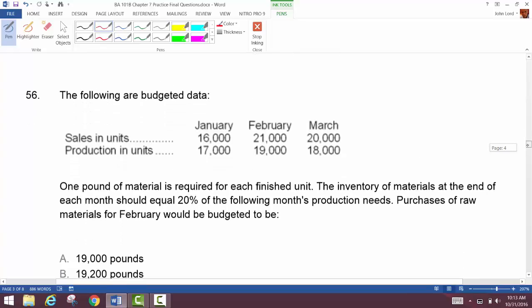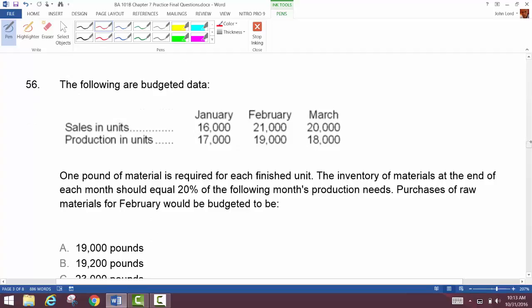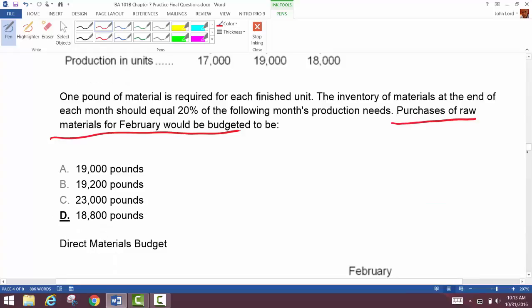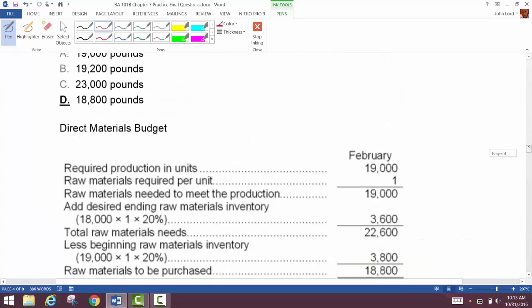Okay. So they want us to figure out the purchase of raw materials to be budgeted for the month of February, right? Okay. So who wants to help me out on this one? So they're looking for February, right? Yes.